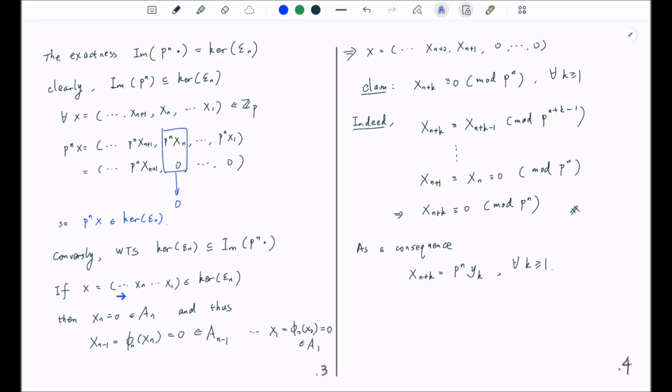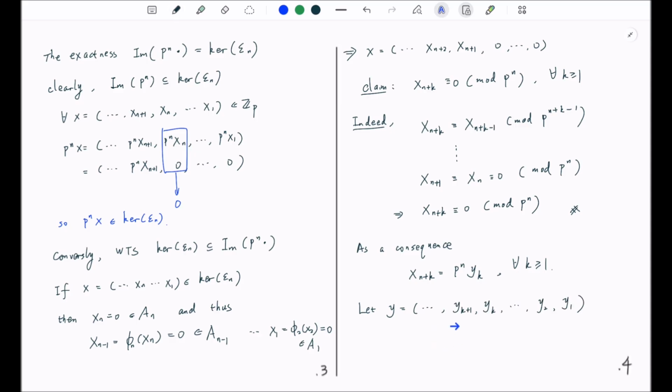We started with the element in the kernel, and we are trying to find another element in Z_p whose p^n multiple is precisely equal to x. And now we have more or less found what we needed. Now let y be the infinite sequence formed by those y_k's.